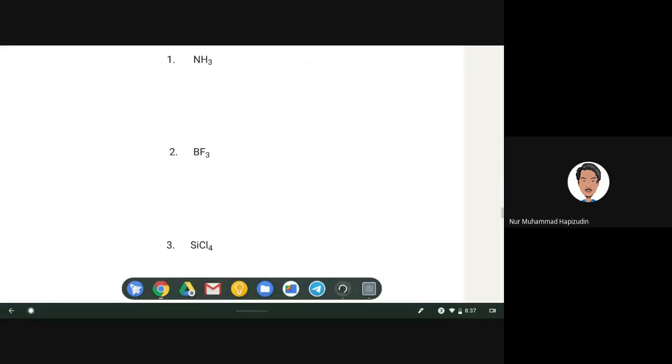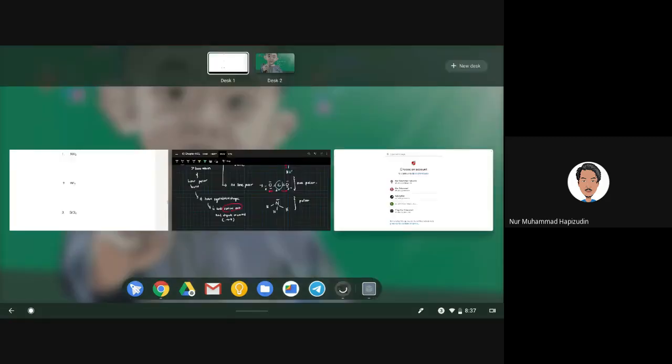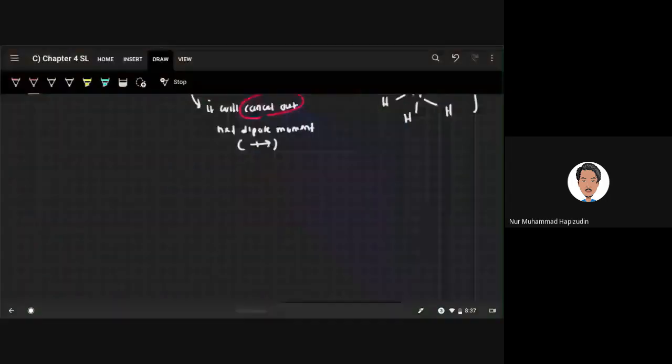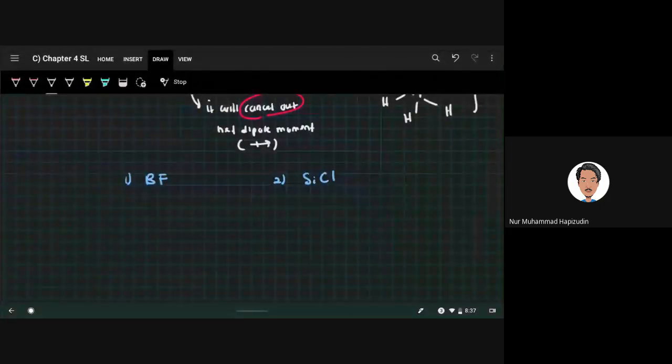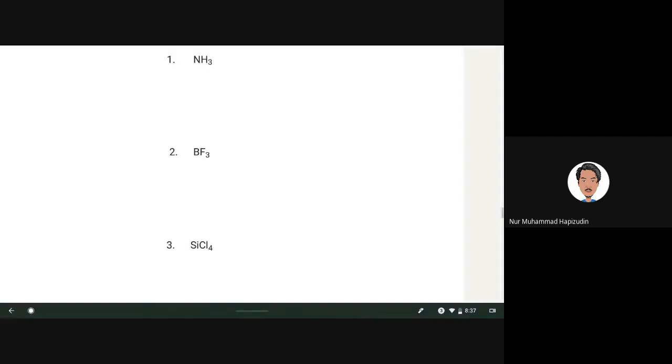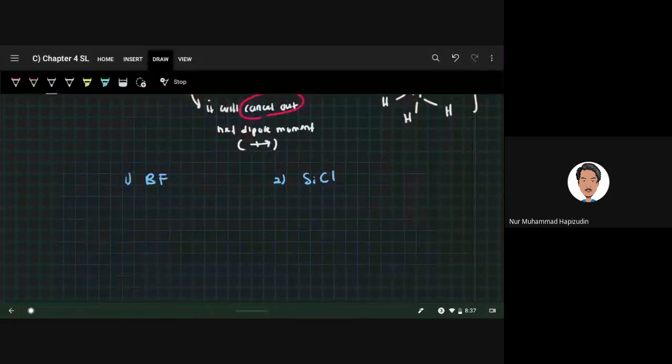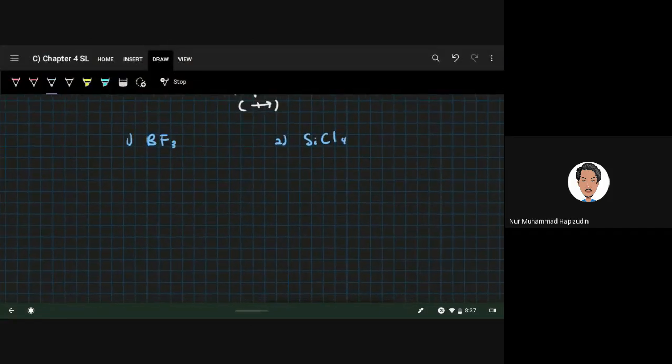Okay, cuba kita tengok. Example. Okay. First, BF3. Second, silicon chloride. Apa dia punya formula tadi? SiCl4. SiCl4, BF3.